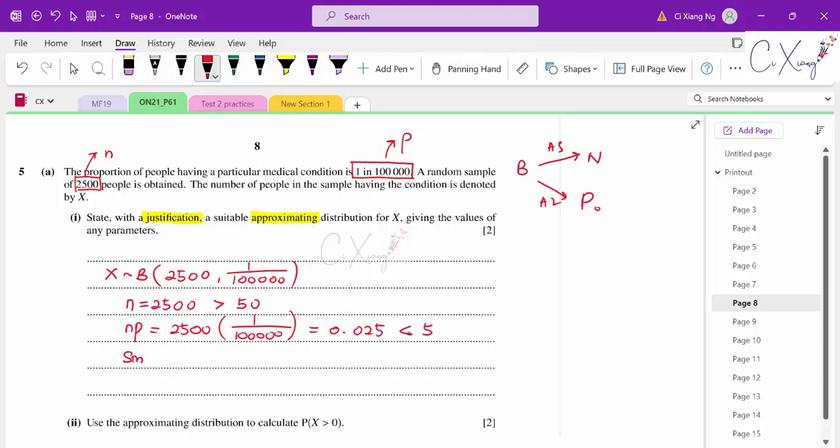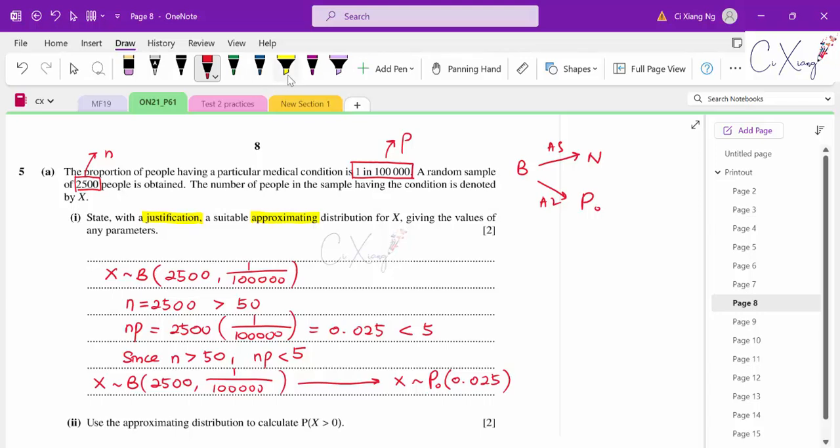Therefore, you can write in this way. So since n is greater than 50, and np is smaller than 5, therefore, you can change binomial to Poisson distribution. Okay, so for Poisson, lambda is 0.025.